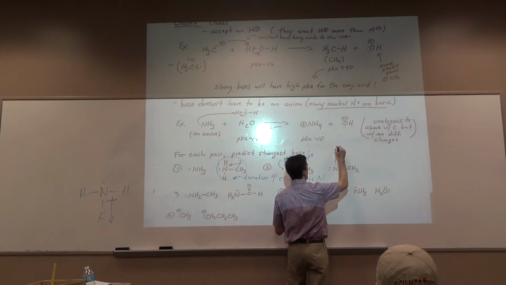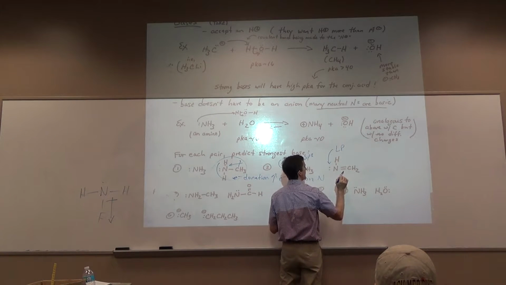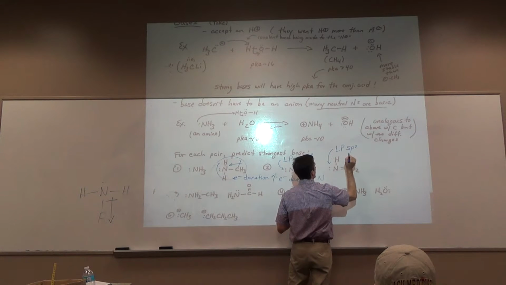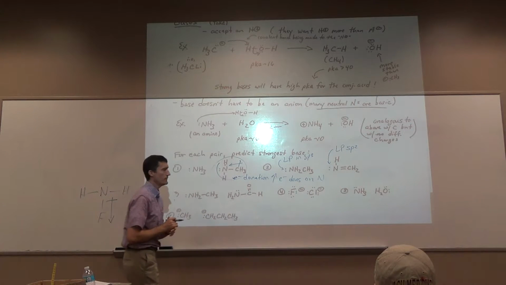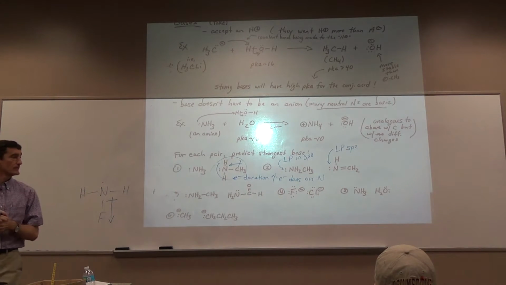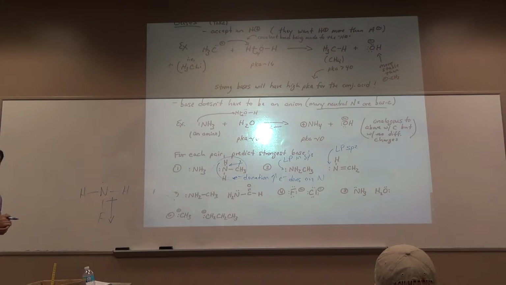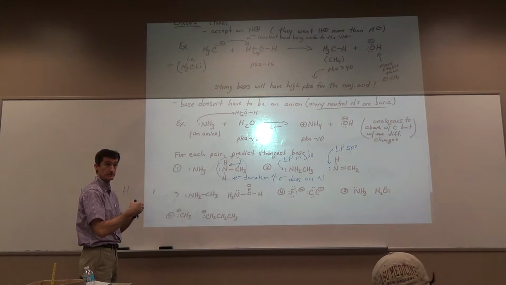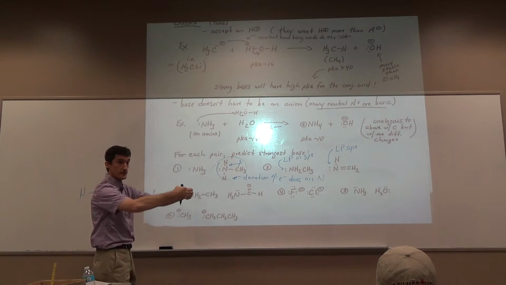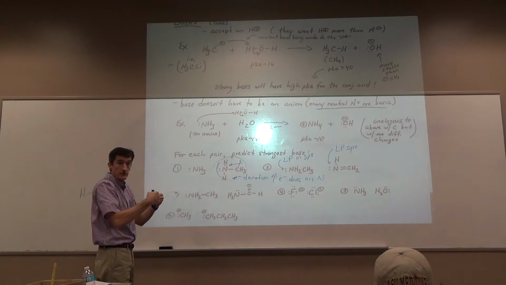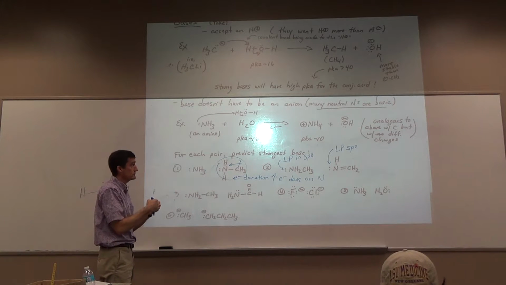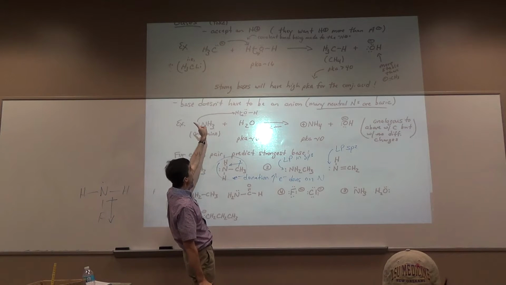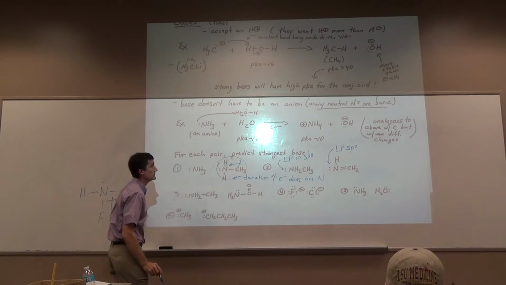This lone pair is in what type of orbital? sp2. Okay, which one's going to be more basic? The sp3. Less s character, so it's not held as tight to the nucleus. More s character, the closer the electrons are held to the nucleus. That's the same thing we set up there.